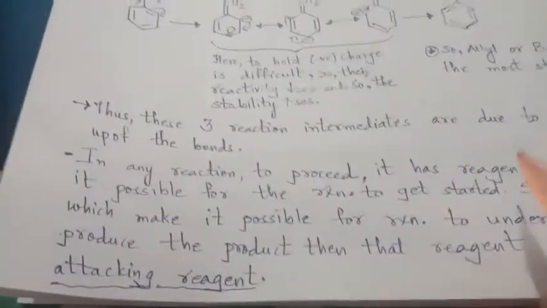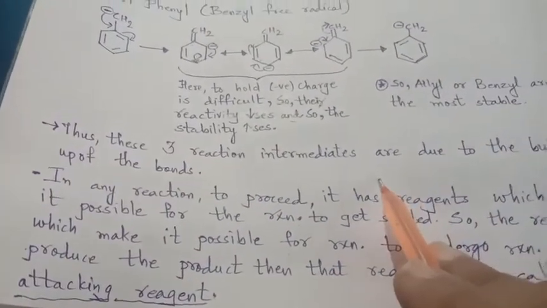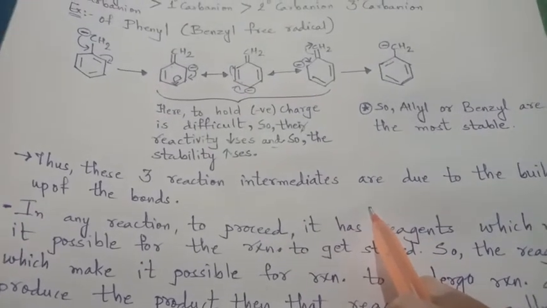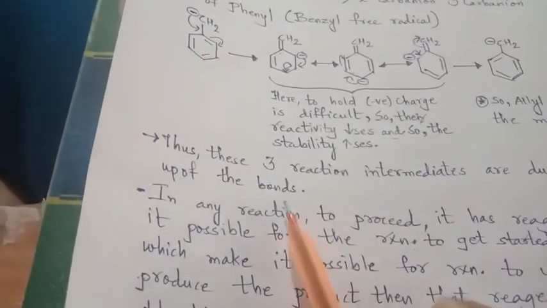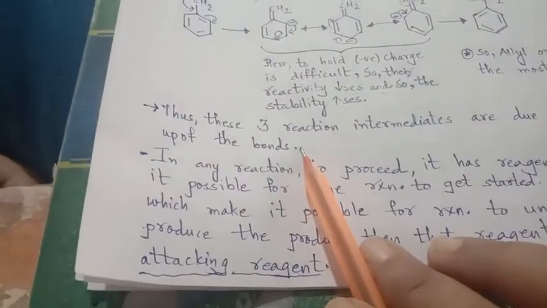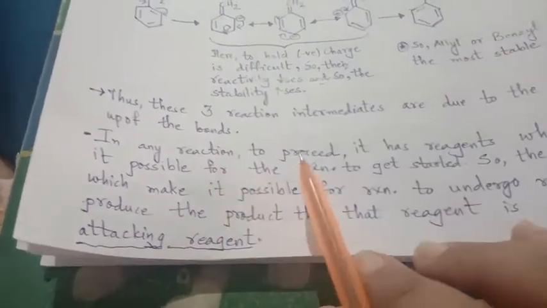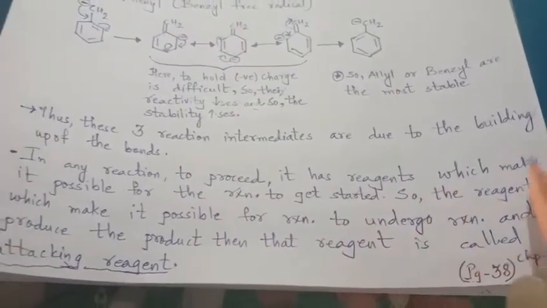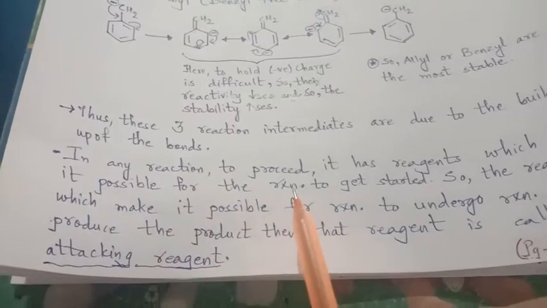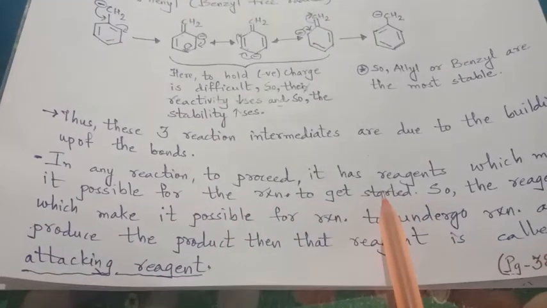Thus, these three reaction intermediates, free radical, carbocation and carbanion, are due to the building up of the bonds. In any reaction to proceed, it has reagents which make it possible for the reaction to get started.